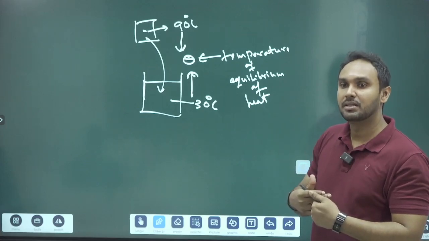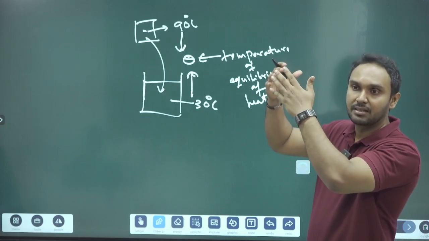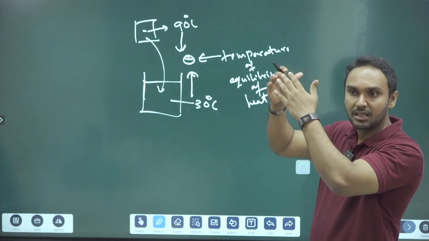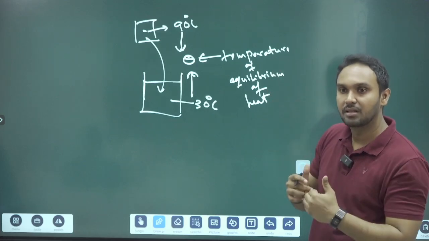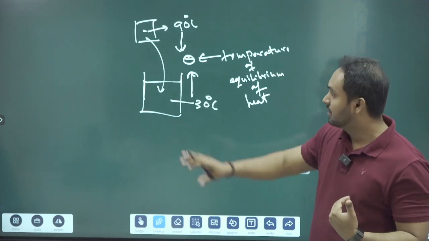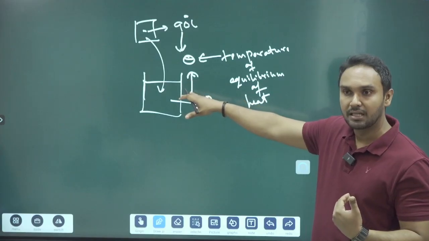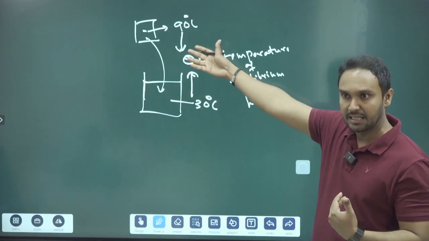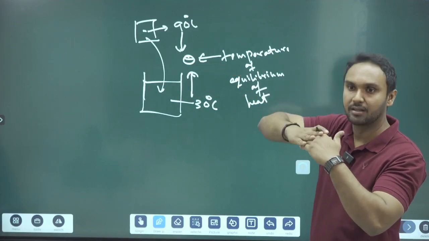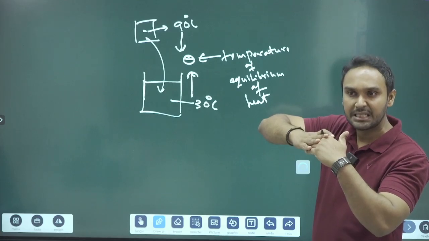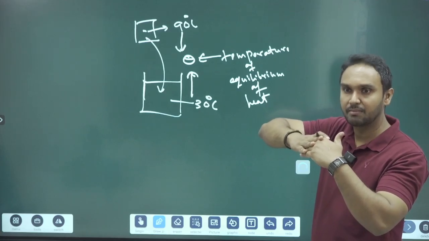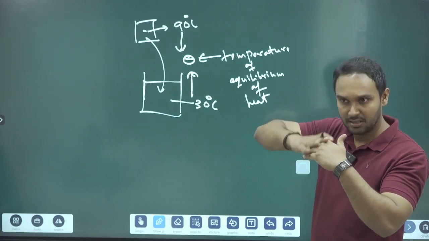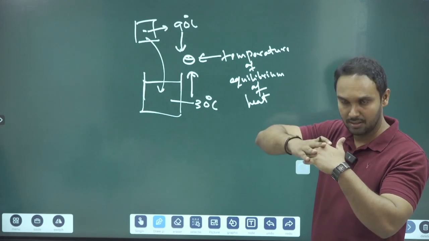And what happens to the one with the high temperature when it is passing the heat? Its temperature reduces. And the thing that absorbs the heat, its temperature will increase. And at one point, they will come to an equilibrium, where the temperature will be the same for both objects.